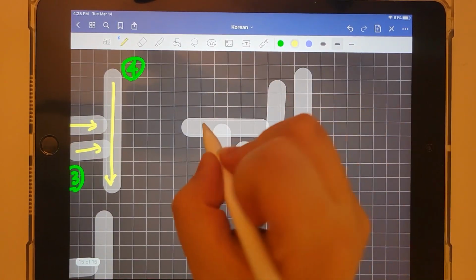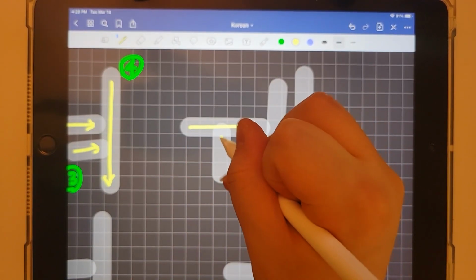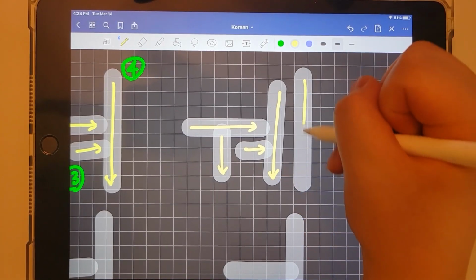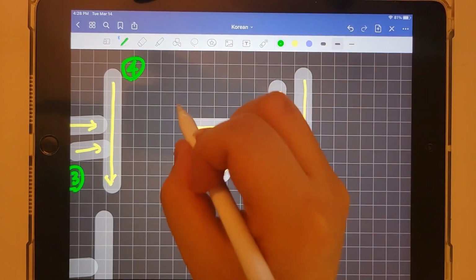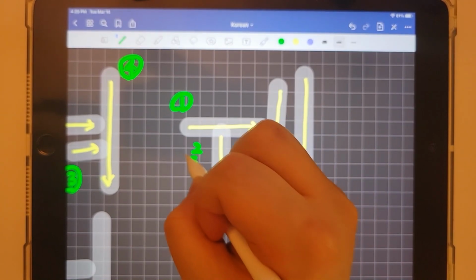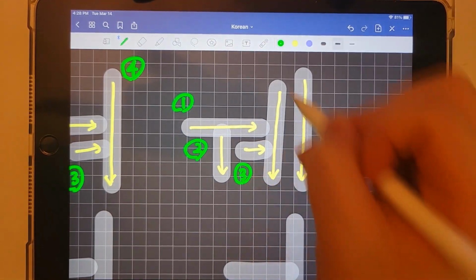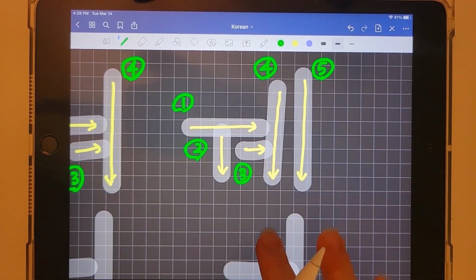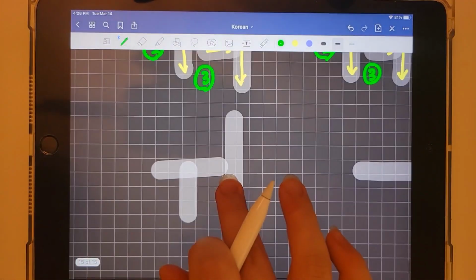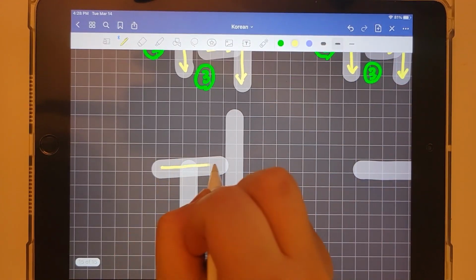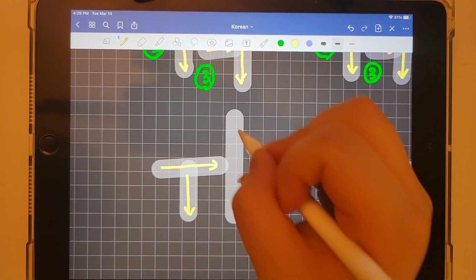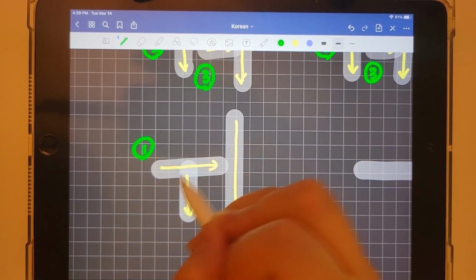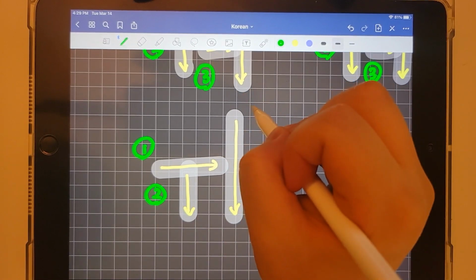Now we have where with 5 strokes. Next, we have we with 3 strokes.